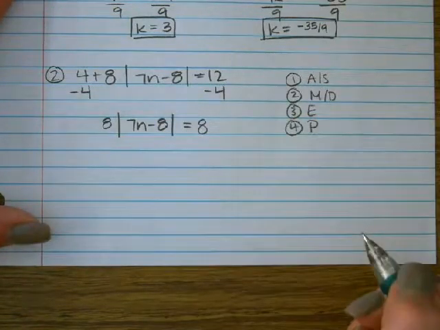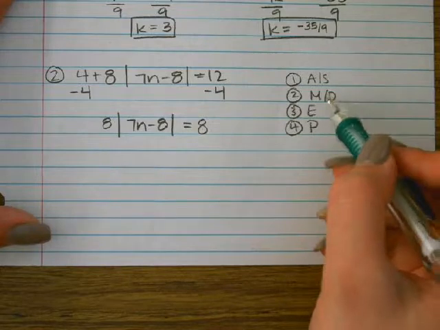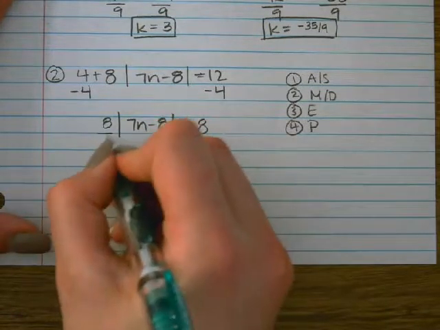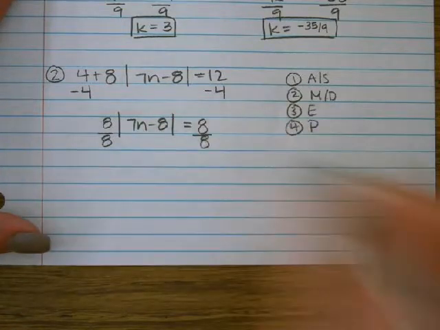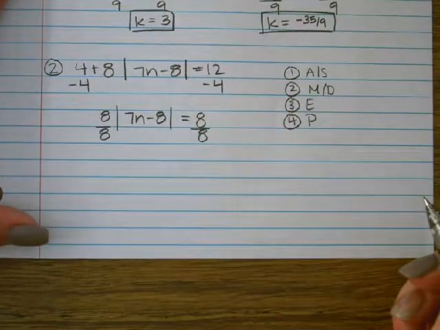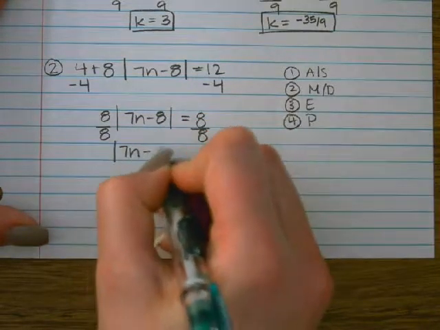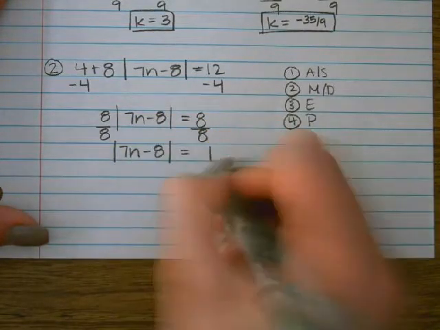Okay. Is there something I can multiply or divide to the other side? Divide by 8. So now I have 7n minus 8 equals 1.